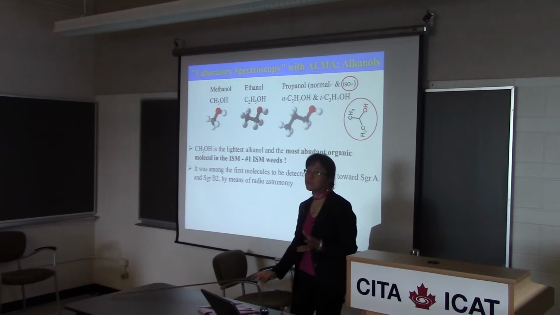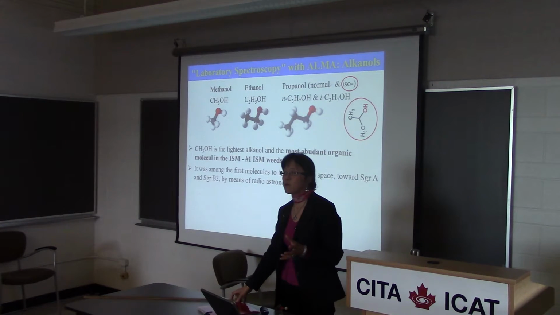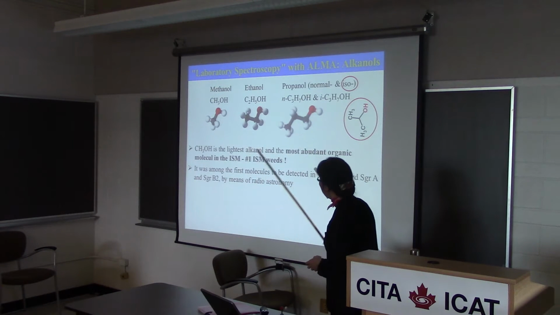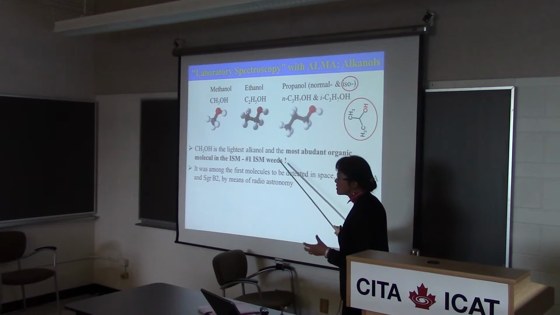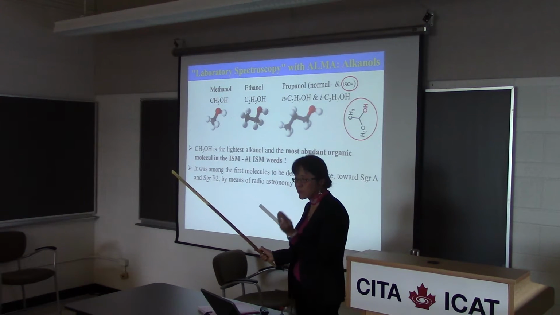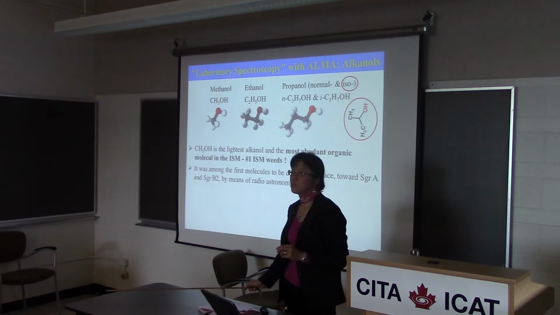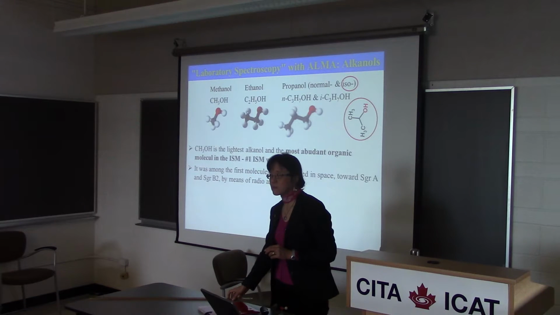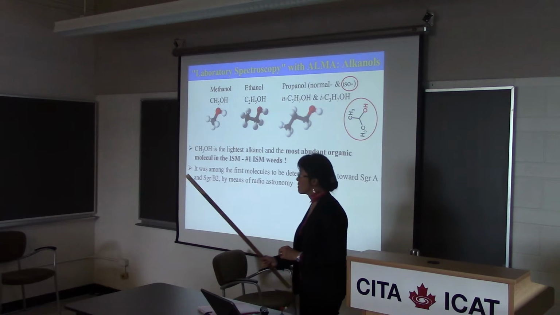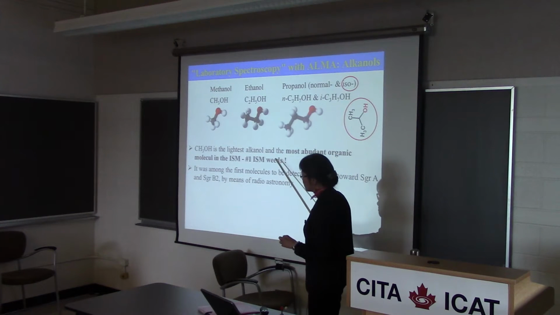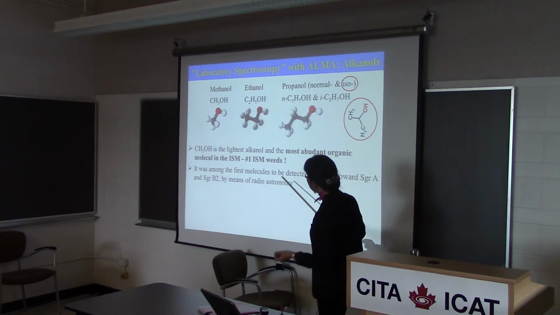Methyl alcohol has been detected in the interstellar environment for more than half a century now, so that's not a big deal anymore. Okay? Unfortunately, because the spectrum is so rich, so dense, it now has the name of the number 1 interstellar weed. Okay? And everybody hates it. But to fully get rid of it, it's going to take another few years for the line list to be improved.